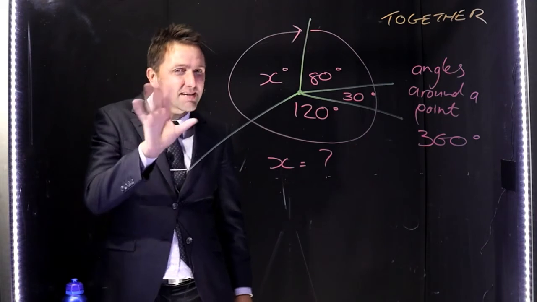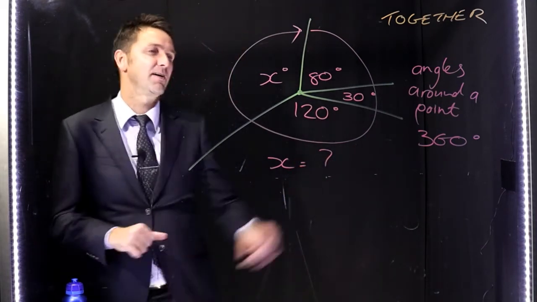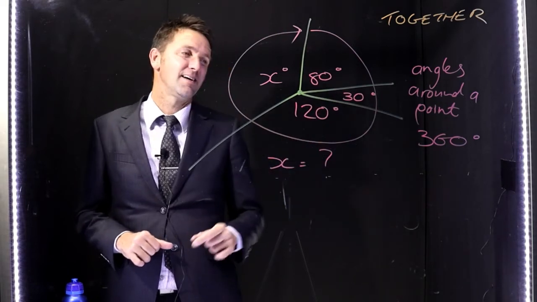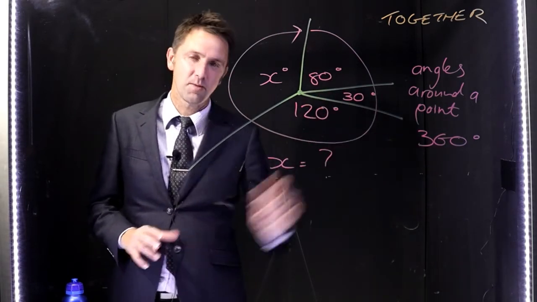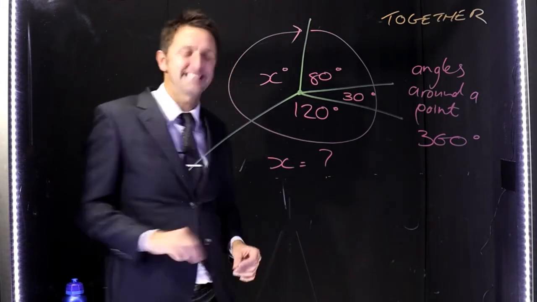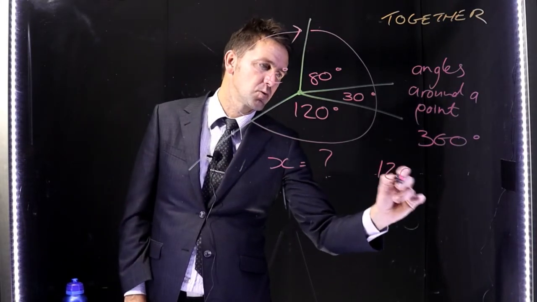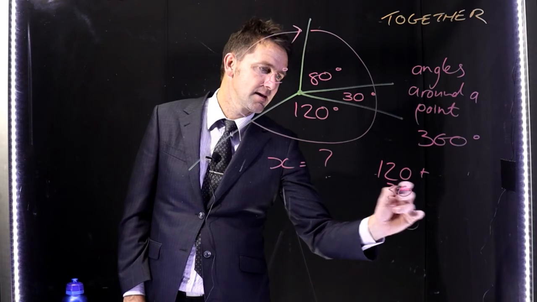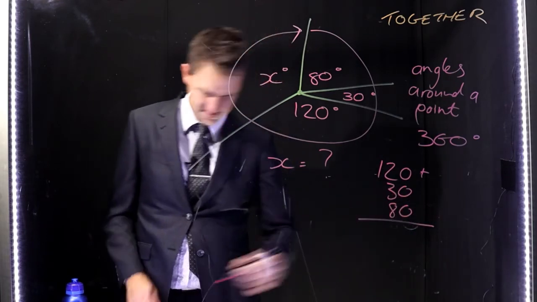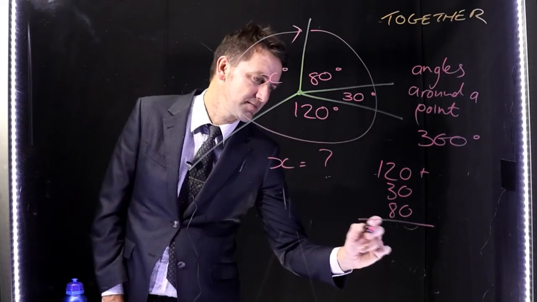Okay, you have a go at that by yourself. I mean, I guess we did it a bit together. You have a go. You add up these. You take this total away from 360 degrees. That should give you what x is. So this is what we should have done. We should have gone 120 plus 30 plus 80, and that equals 230.